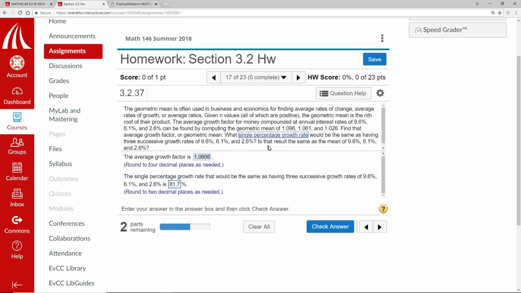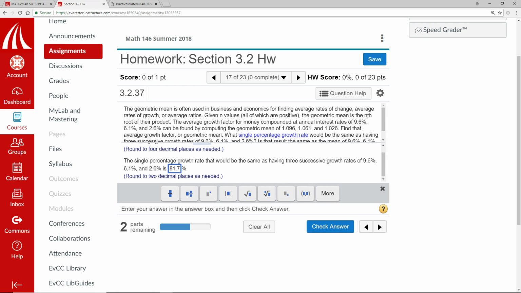Okay. They want what single percentage growth rate would be the same as having three successive growth rates of 9.6, 6.1, and 2.6? Is that result the same as the mean of 9.6, 6.1, and 2.6? Wait a minute, what? This problem just doesn't read well. This was tricky.